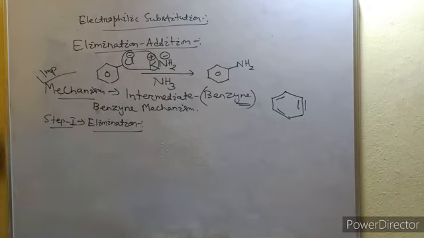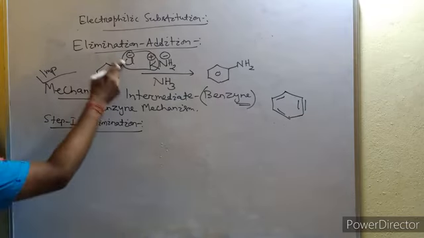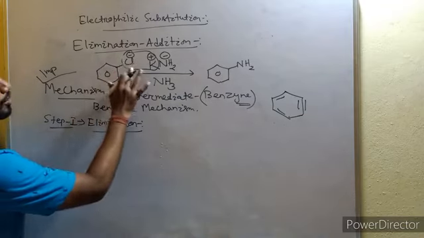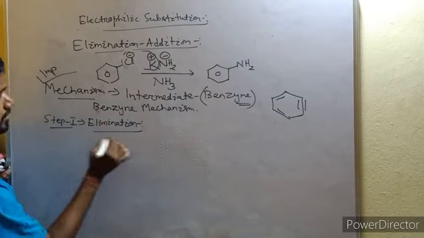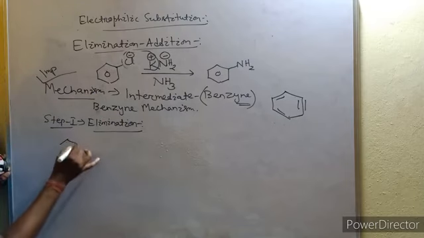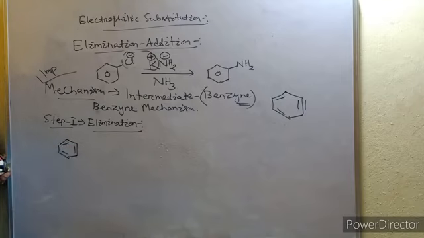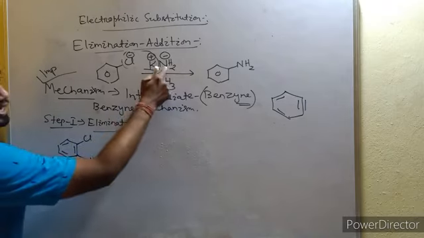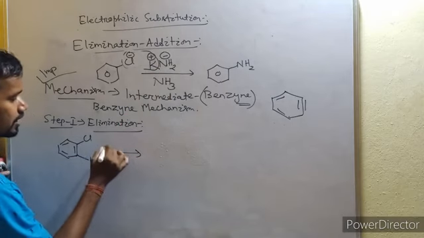What will happen in elimination? See, you have this chlorobenzene, but put double bonds in the ring. Here is chlorobenzene, here is a hydrogen. In the first step you are giving NH2 minus.